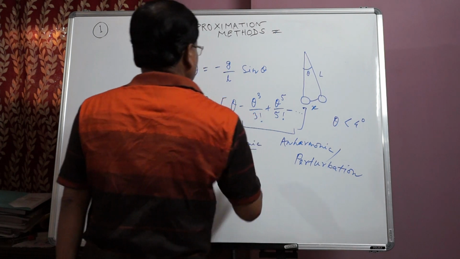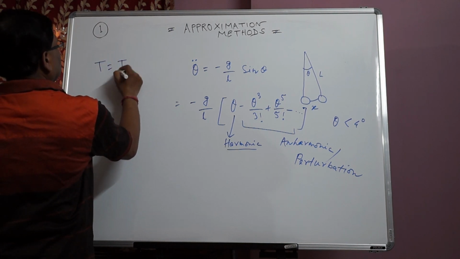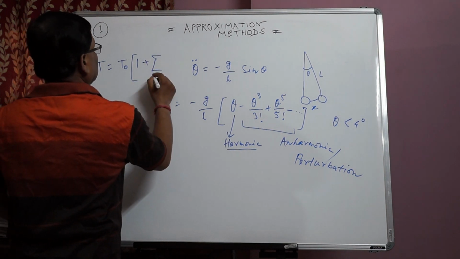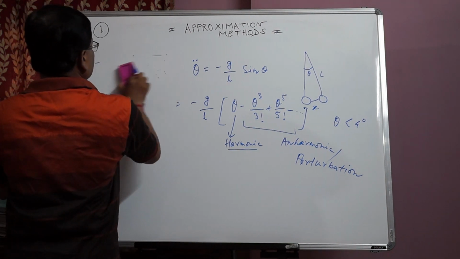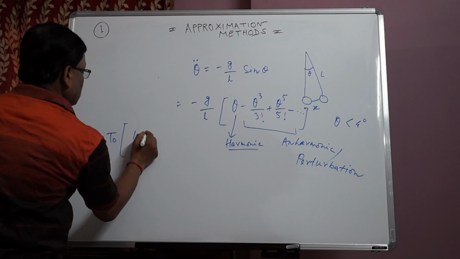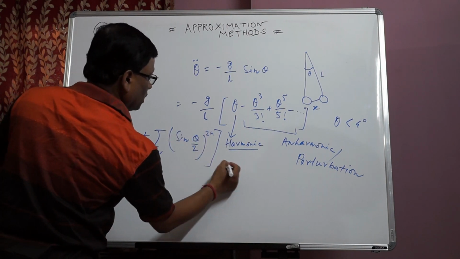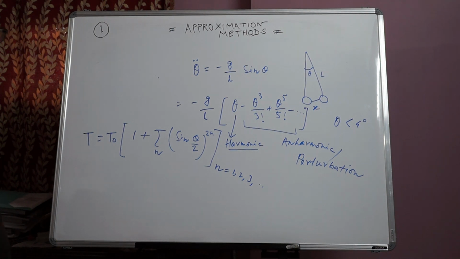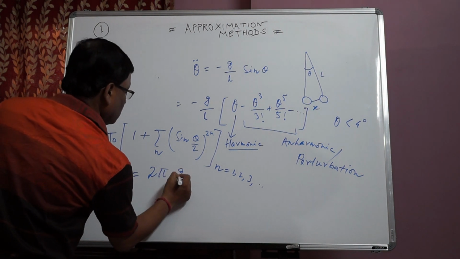So in that case, if we consider the full expression of sin theta, the time period will be T equal to T0 into 1 plus summation over n of some sin theta dependent part to the power n, where n equals 1, 2, 3, etc. If theta is small, then T equals simply T0, which is 2 pi root L by g.